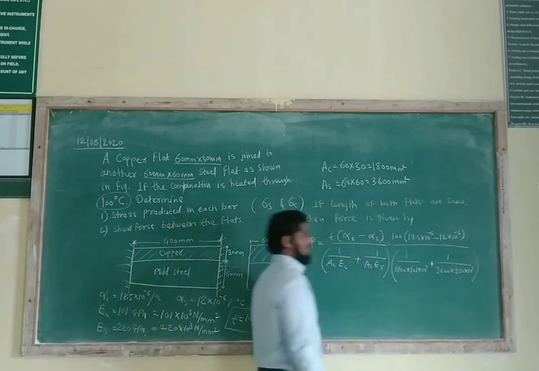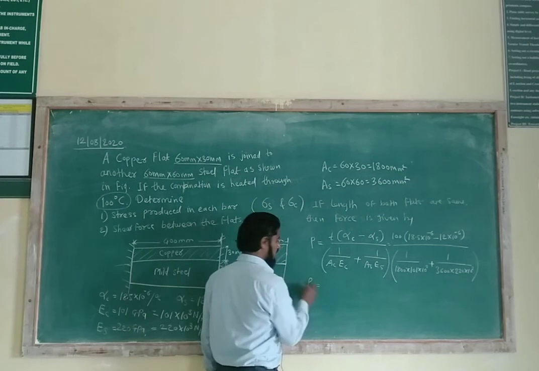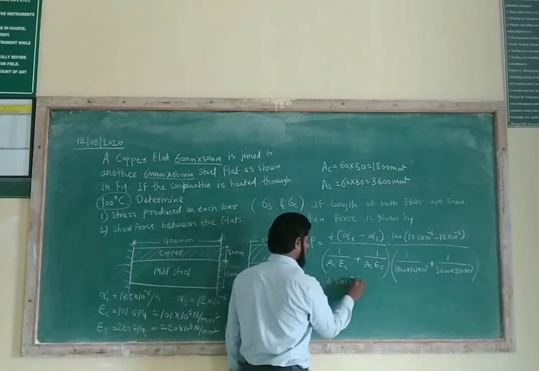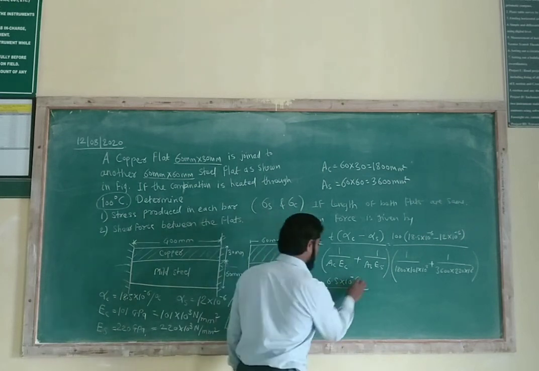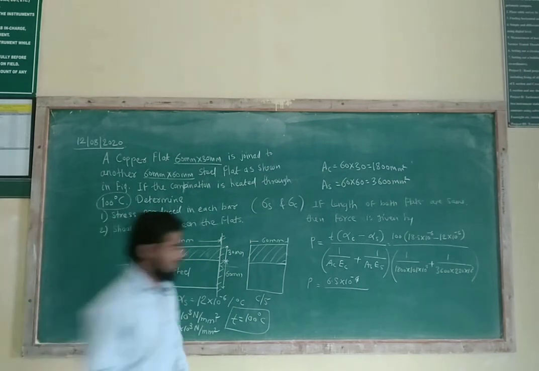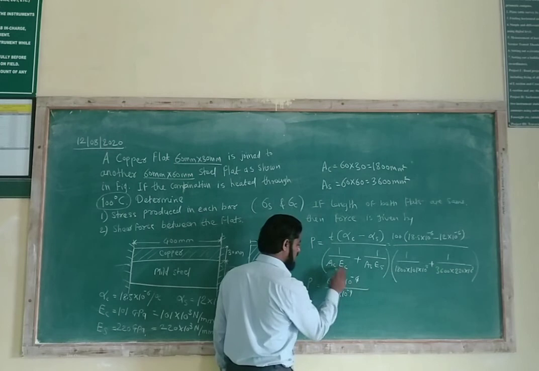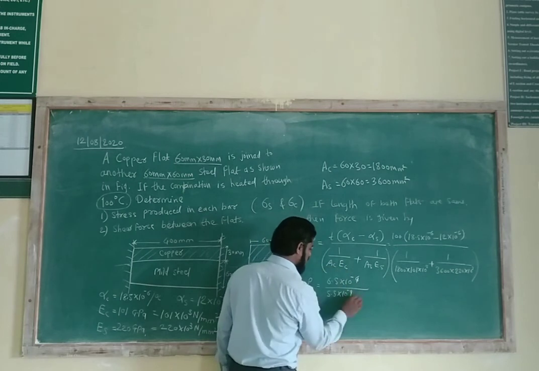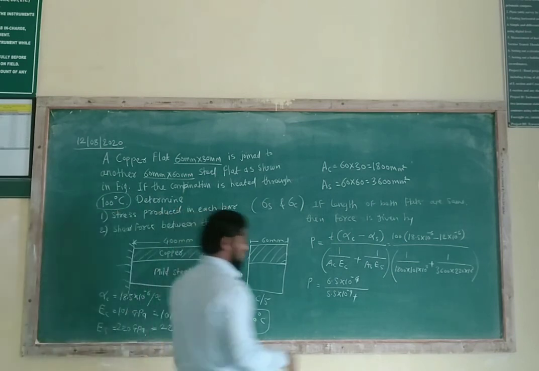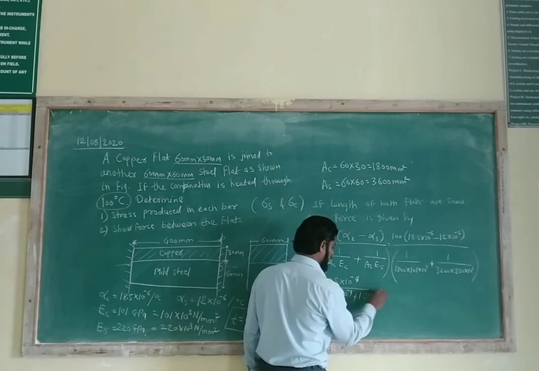Now calculate these terms carefully. The upper term we get is 6.5 into 10 raised to minus 4, then 5.5 into 10 raised to minus 9 for the first term, plus 1.26 into 10 raised to minus 9.